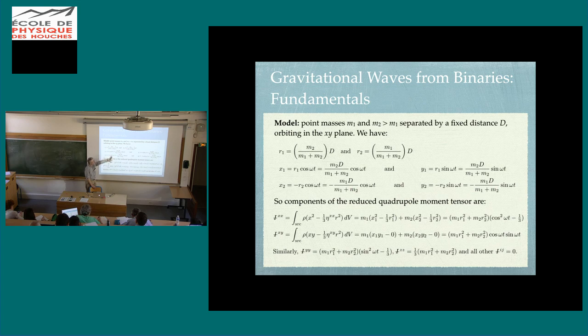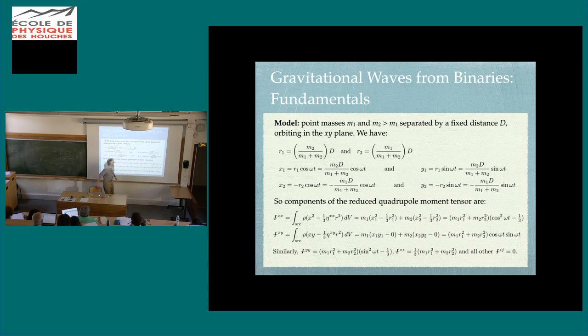So circular orbits, I'm just doing ordinary Newtonian calculations. I'm going to calculate the Ixx for a system orbiting in the xy plane, and if I just expand out what this is, it's only non-zero at the 2 points, and so I get a mass times the position of the one point, subtract off 1/3 of the total distance for that object, and then do the same for the other object.